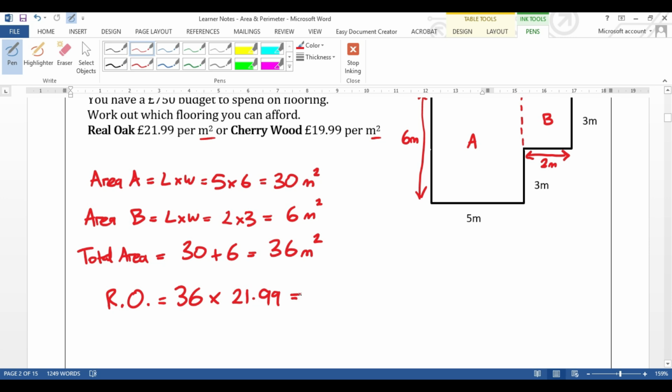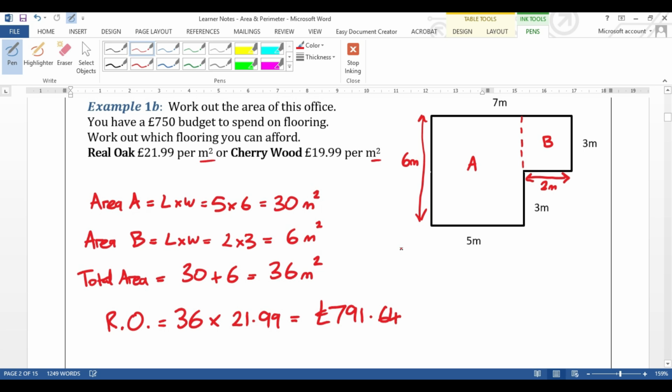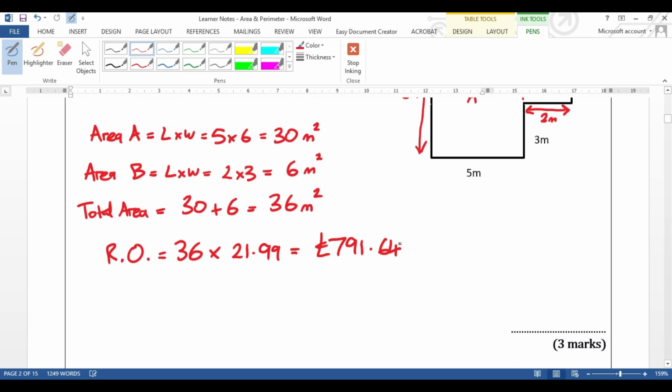Let's do that on the calculator. 36 times £21.99. Oh, that's going to cost £791 and 64 pence. Let's check what was the budget. You have a budget of £750, so that's too much, unfortunately.